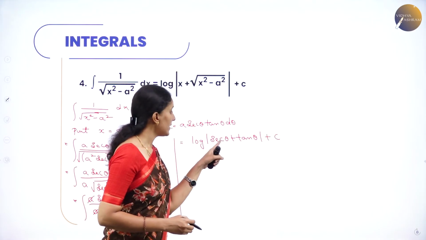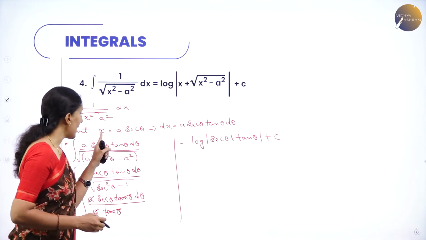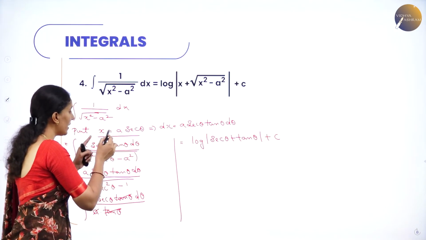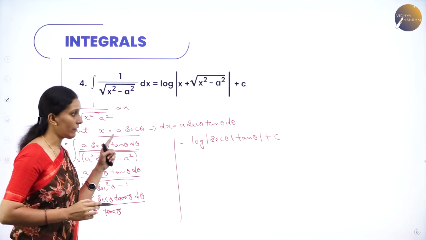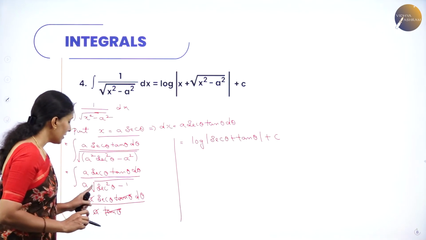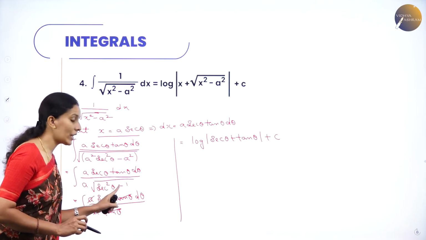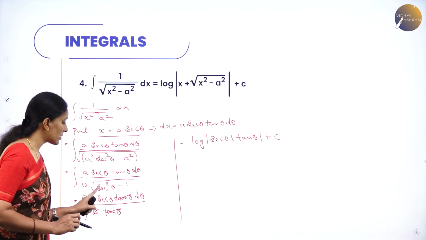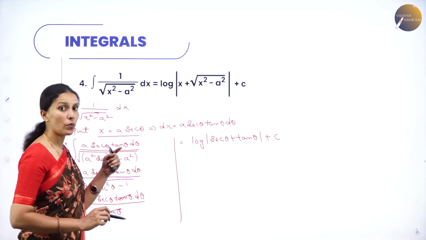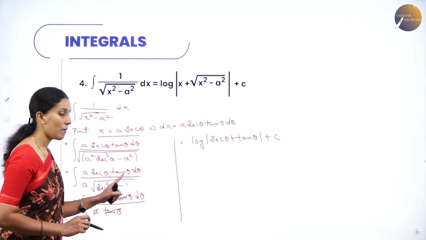Now here secant theta can be taken as x divided by a. According to this relation, if we want secant theta, we can rewrite it as x divided by a. Also we know that tan theta is square root of secant square theta minus 1. So secant theta is x by a means secant square theta is x square by a square minus 1.